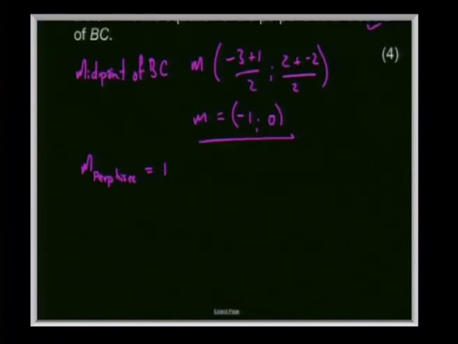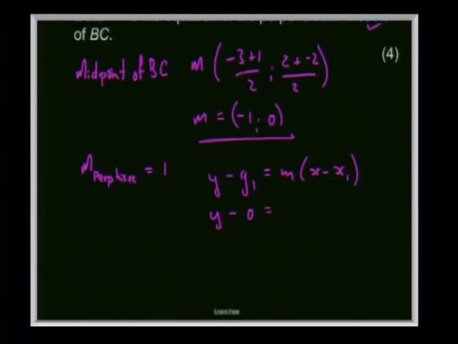All I have to do is pop this into my equation for a straight line, which is y minus y1 is equal to m into x minus x1. You're right, that's the way I prefer. So y minus 0 is equal to 1 into x minus minus 1, and tidying that up, I get that, that is the equation of my perpendicular bisector.